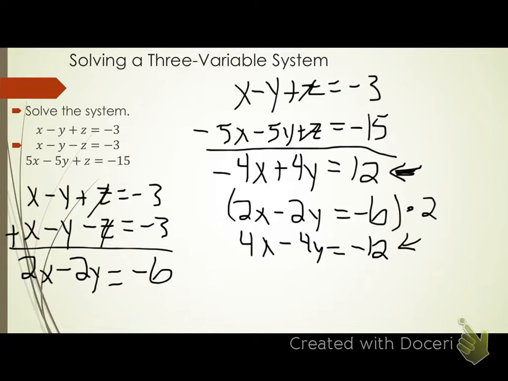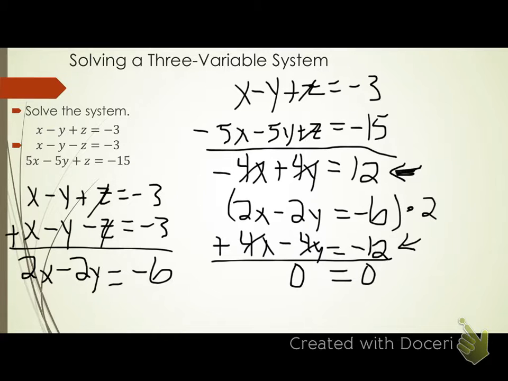Opposite. So do I add or subtract them? Add them. Negative 4x plus 4x canceled. 4y plus negative 4y canceled. What does that leave me on the left-hand side? 0. 12 plus negative 12, 0.